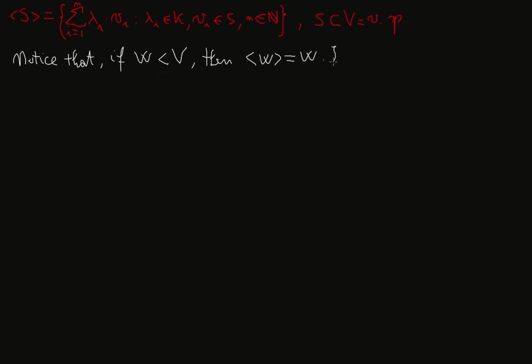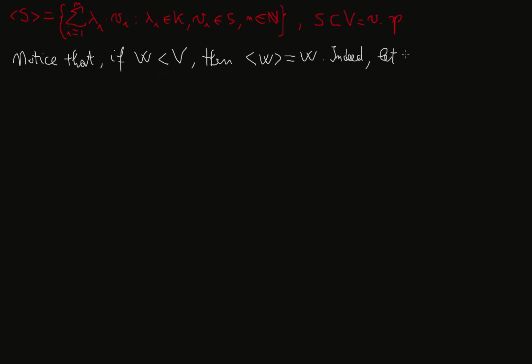Indeed, certainly this is included in W because W is a subspace. Therefore, any linear combination of elements in W still remains in W. Therefore, we have trivially this inclusion. Vice versa, the opposite inclusion we get by expressing any element of W as a linear combination of elements of W.